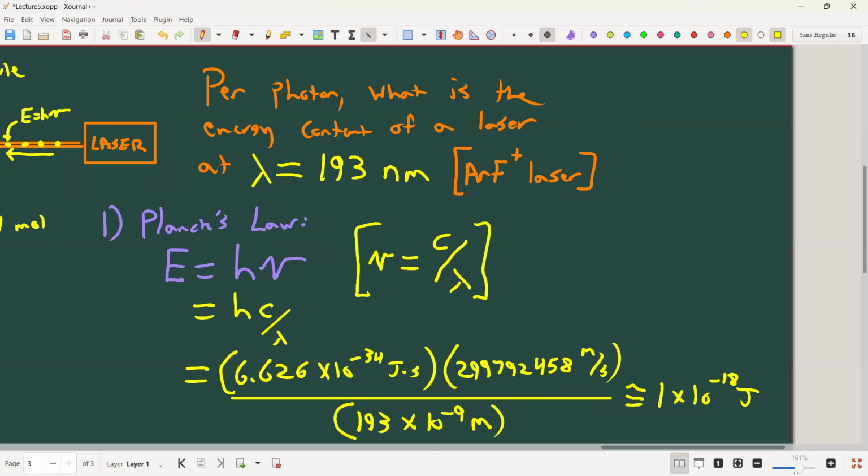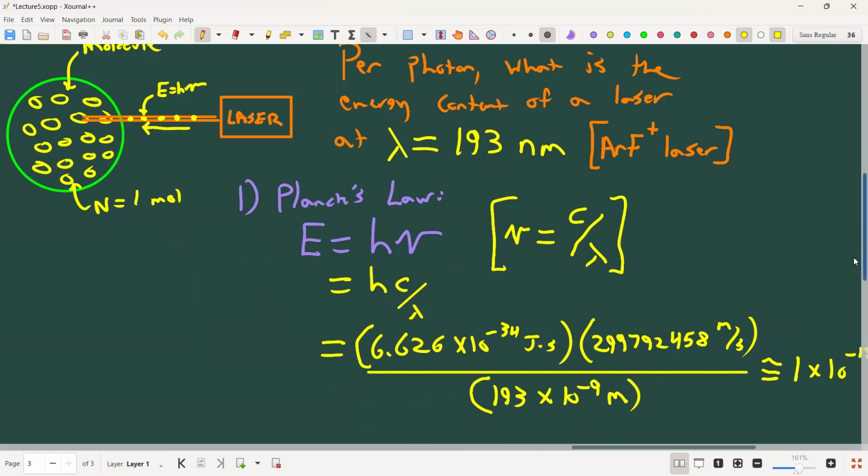But the thing is that a laser outputs tons and tons of photons a second. Let's just say, for instance, it emits a mole of photons per second, which is in fact a very reasonable amount. So let's think now about the energy content per mole.